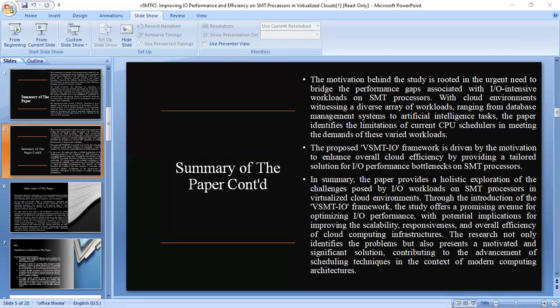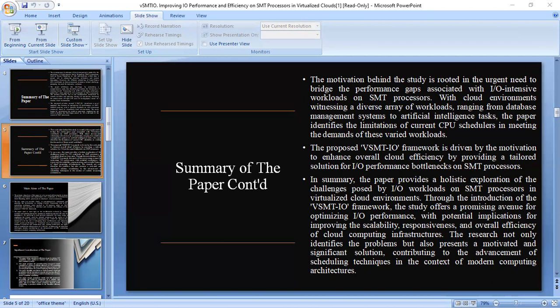The main aim of the paper. The primary objectives of this paper are centered around tackling the complex challenges associated with I/O workloads on SMT processors within virtualized cloud environments. The key aims can be summarized into two main goals. First, understanding and articulating challenges.